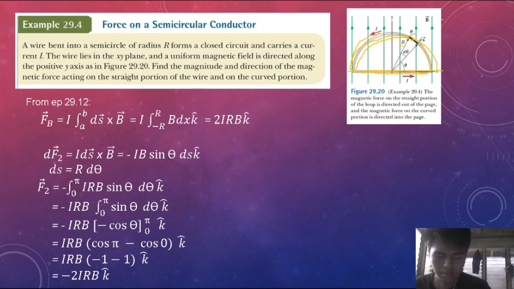Because we are dealing with a current carrying wire in a magnetic field rather than a single charged particle, we can use equation 29.12 to find the force on each portion of the wire, which is the straight and the curved.